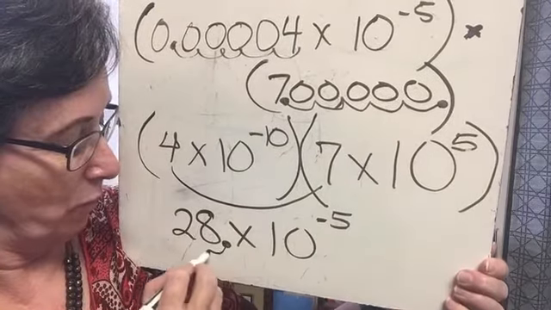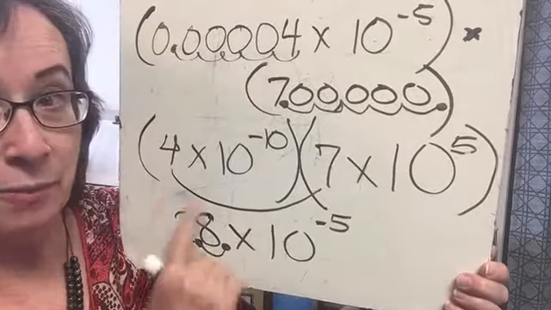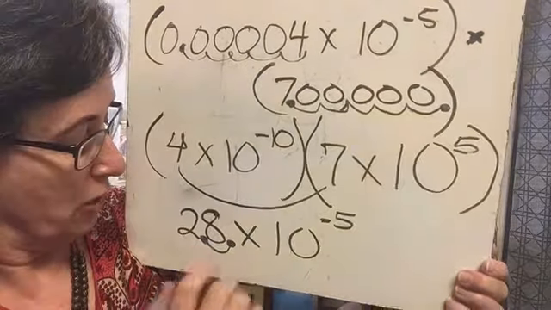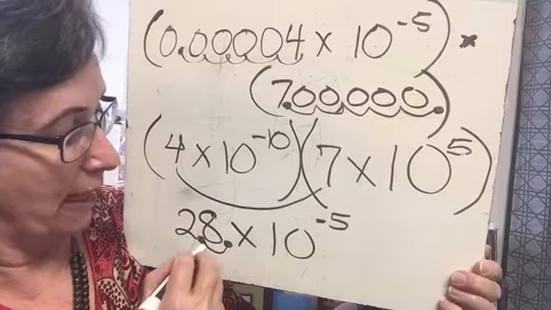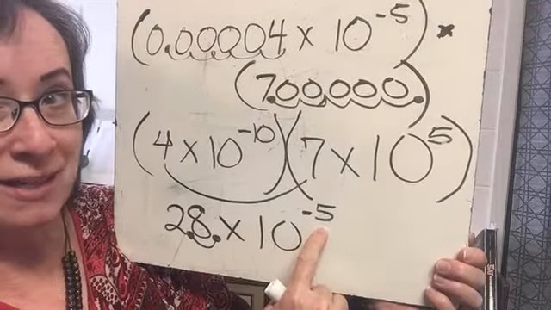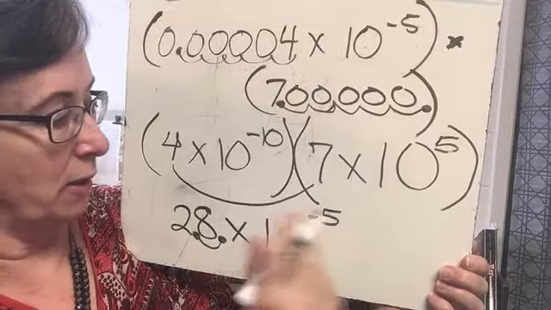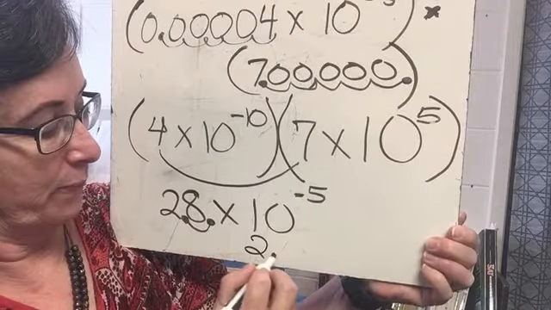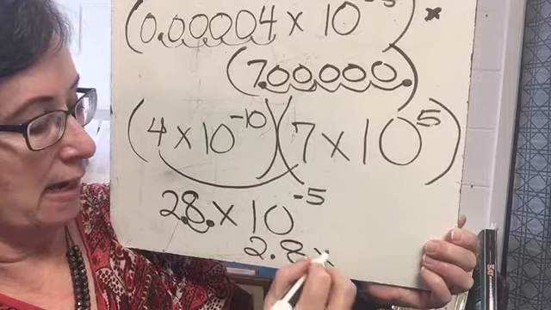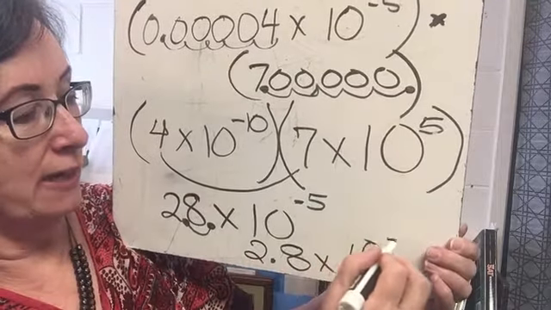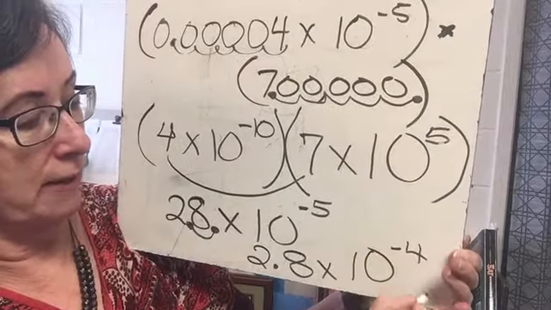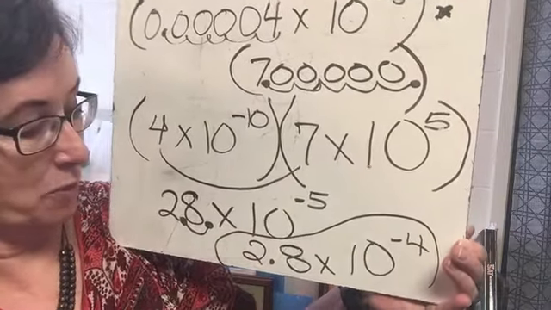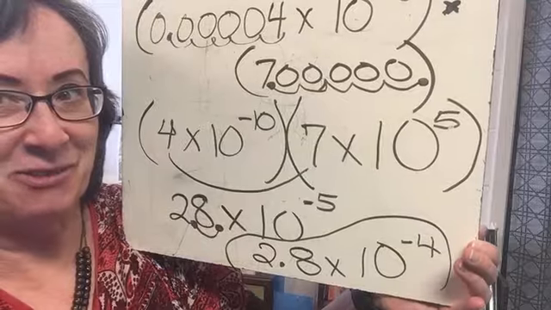I need to move it 1 to the left so that this number here is between 1 and 9 inclusive. Okay, so it's going to be 1 to the left, which means this must go 1 to the right. So I'm going to add 1 to this one. So 2.8 times 10 to the negative 4. And there is our answer. 2.8 times 10 to the negative 4.